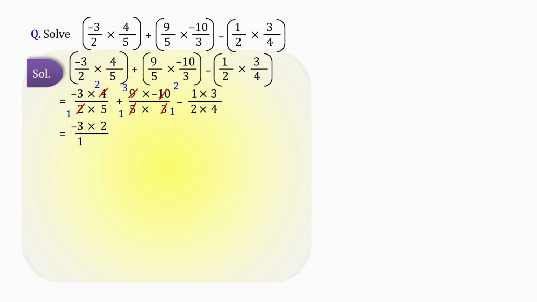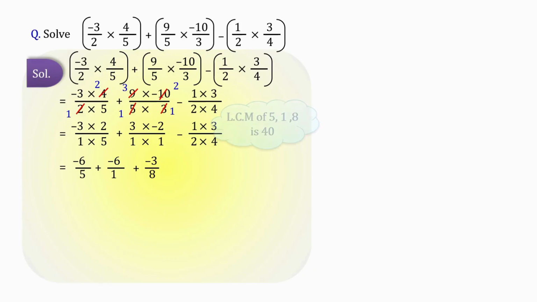So always try to make it simplified. If you can cut any number, first do that so that the number becomes smaller. Don't forget the sign. Please make sure always with the sign. Now we have to do the LCM of 5, 1 and 8, which becomes 40.